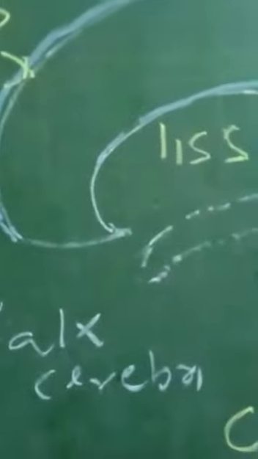Never forget its relation with the corpus callosum. Some students don't write its relation with the corpus callosum. Approximately after attachment, some marks are allotted to relations. So what are the relations in brief?